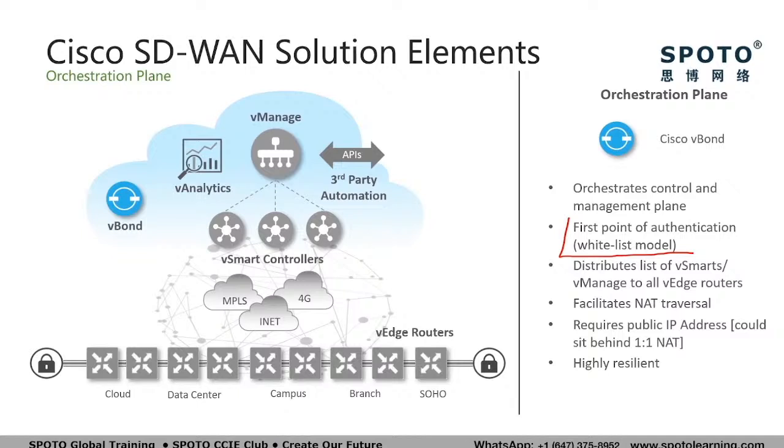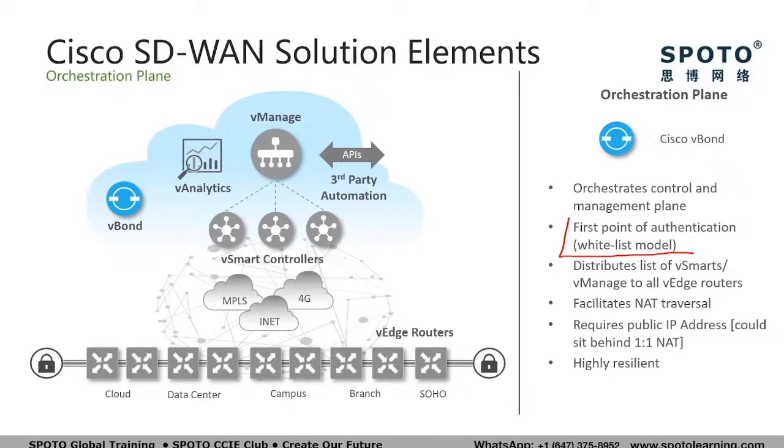For situations where vSmart controllers, vManage systems, or vEdge routers themselves are behind NAT, vBond Orchestrator facilitates the function of NAT traversal by allowing learning public and private IP addresses.